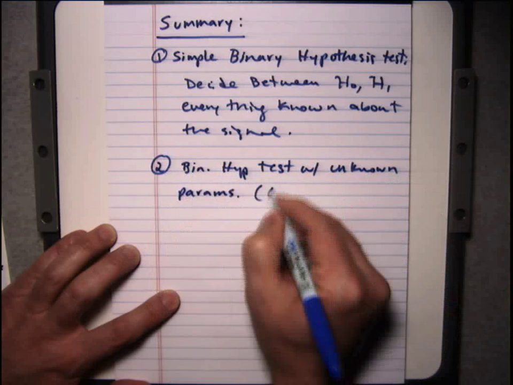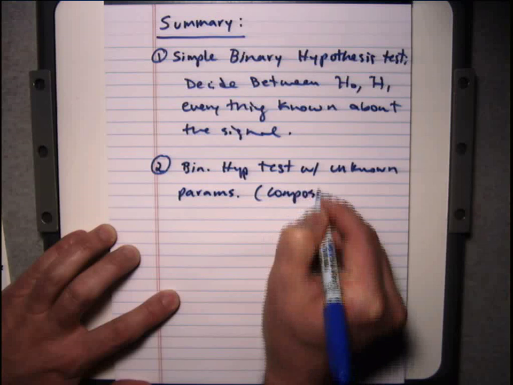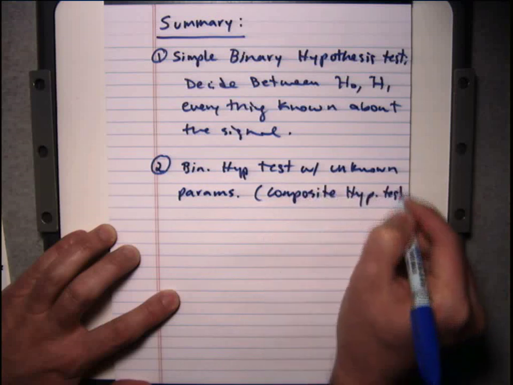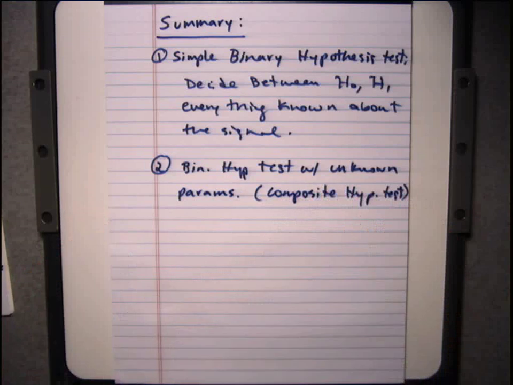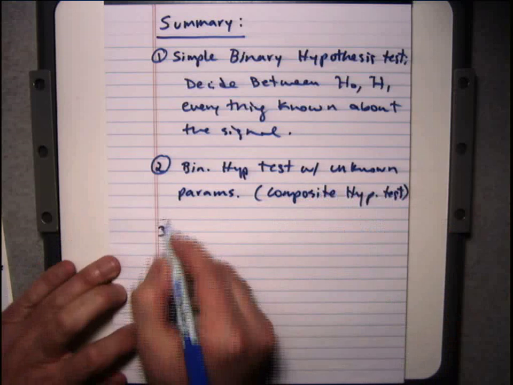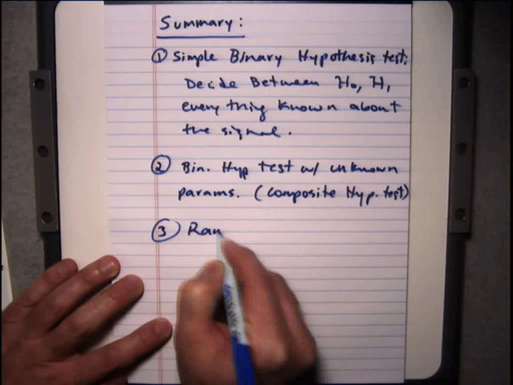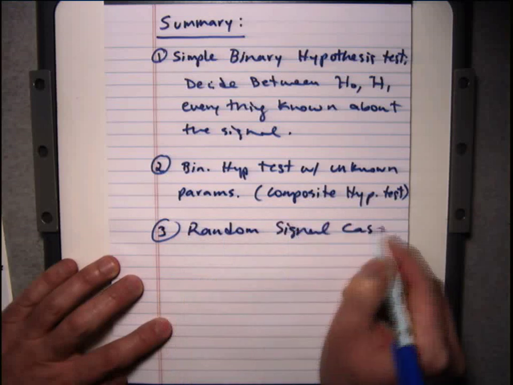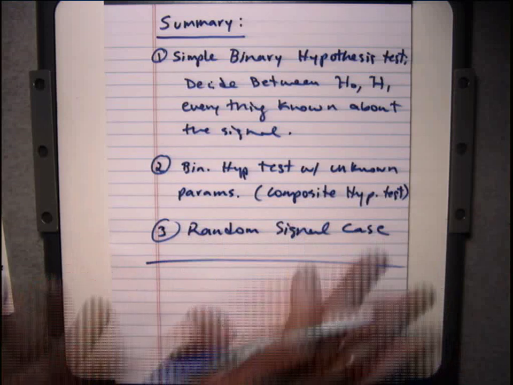This is called a composite hypothesis test. It's composite because it involves both estimation and a decision. And then third one is the random signal case, which we'll come to later on. So this is all I described so far.